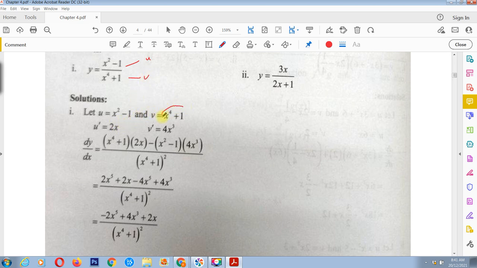So we have this v. Copy v, differentiate u, 2x, minus x square minus 1, copy u, and then differentiate v, 4x cubed, and over v square. So v square, that is v, and then bracket square.